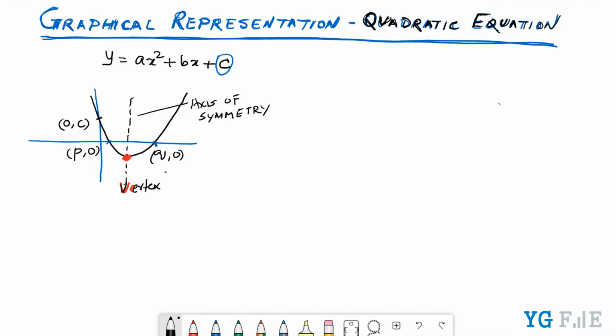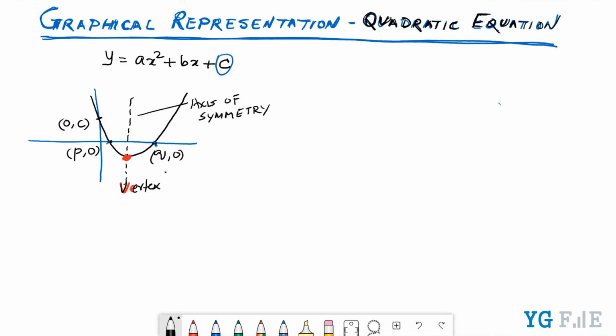Another thing is that p and q, the 2 points shown on this parabola, are equidistant from the axis of symmetry. Every point on the parabola on the left and right of the axis of symmetry is equidistant. So this vertex is the lowest point. The axis of symmetry passes through the vertex and it is symmetric.